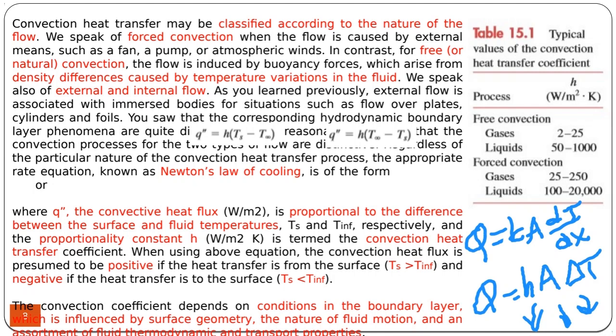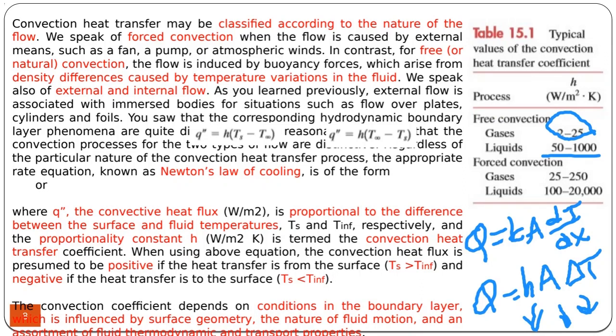Depending on the flow, we may have very different H values. For instance, in gases, they may be as small as 2 to 25. In liquids, they can be 50 to 100. Two kinds of convection, free convection and forced convection. Let me explain the forced convection first.